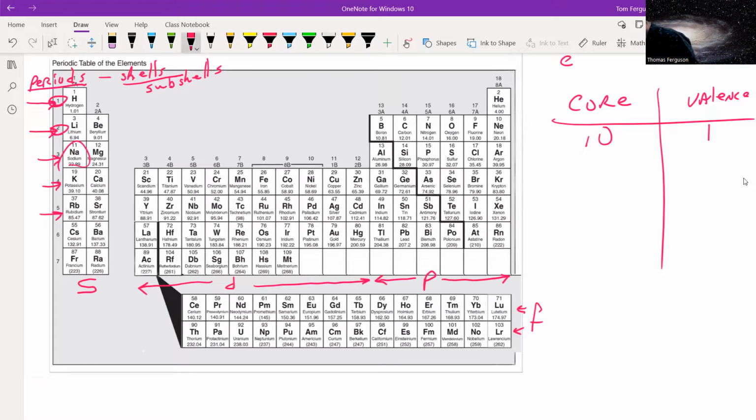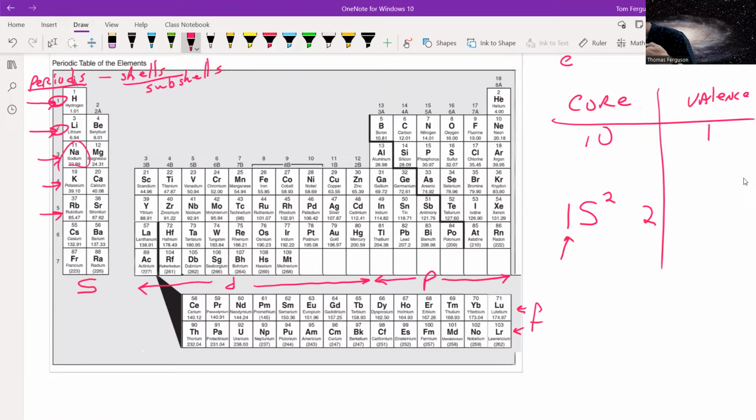So the way we designate that is we go shell 1, subshell S, and how many electrons are in that? 2. We know it can only hold 2 because we can't fit any more in shell number 1, as 2 electrons. 1, 2. So we're done with shell 1 now. Now we need to go to shell 2.